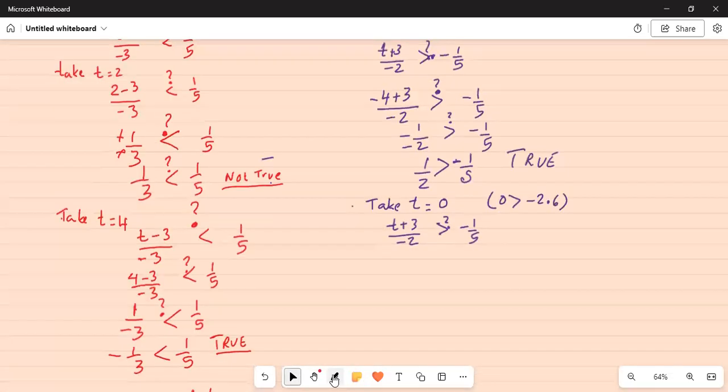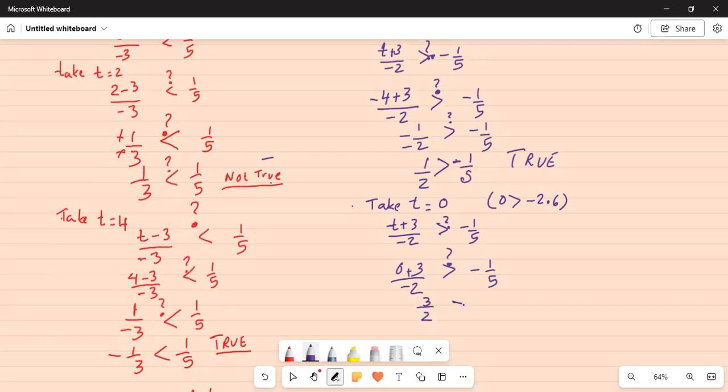So this will be (0 plus 3) divided by minus 2 greater than minus 1/5. Now 0 plus 3 is 3 divided by minus 2 rather.